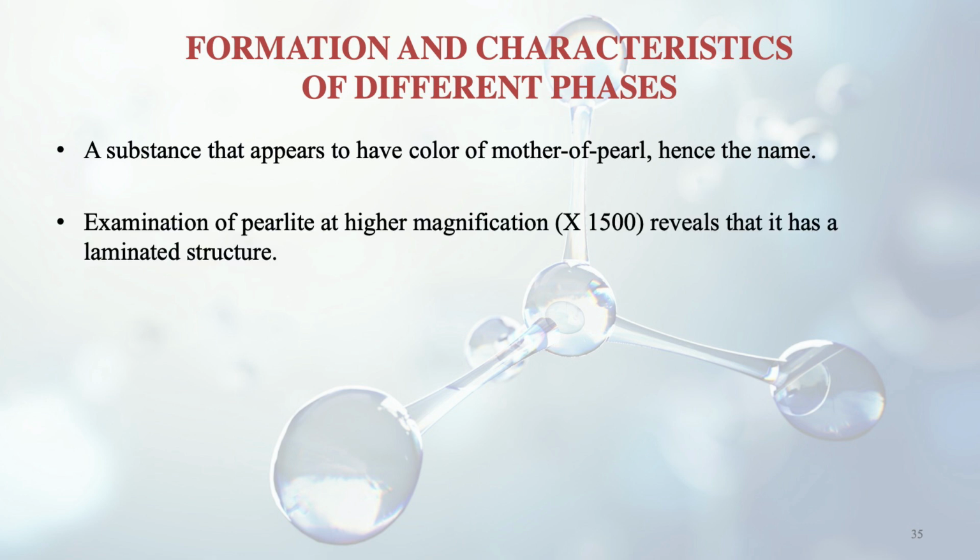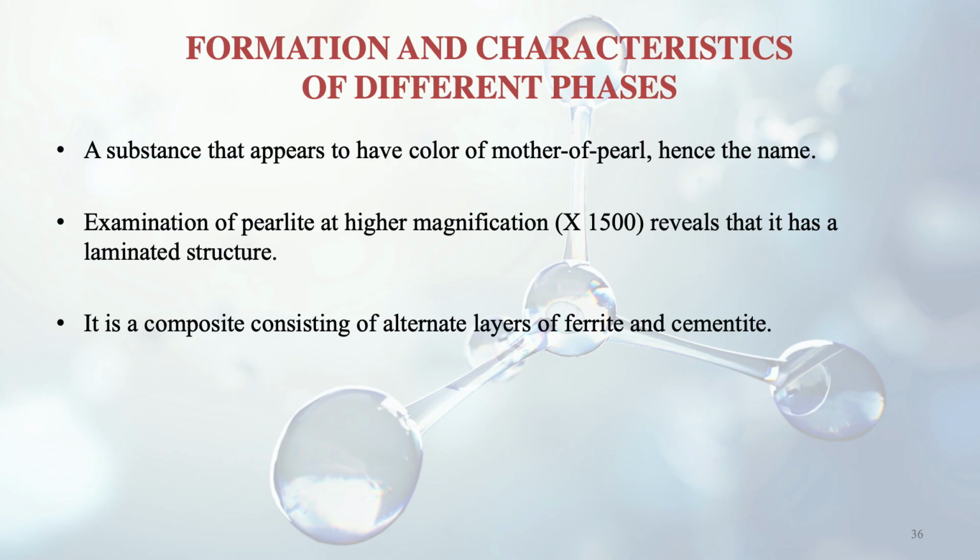An examination of pearlite at higher magnification reveals that it has a laminated structure, like I told you earlier, that it is in the form of laminas or layers, and it is a composite consisting of alternate layers of ferrite and cementite. So ferrite is Fe, as was told in earlier lectures also, and cementite is Fe3C as per the chemical composition.